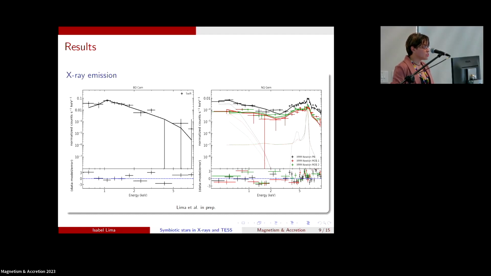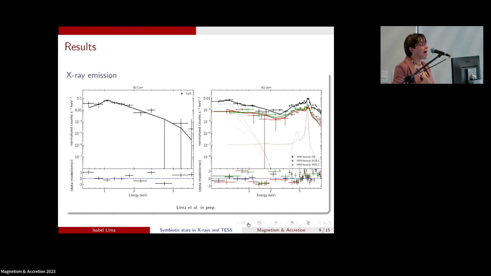So for this spectrum, I only use a simple model with absorption and a thermal component, just one component, meaning in soft energy. While for NQ Gem, I'm using two components with absorption, one soft and another hard.